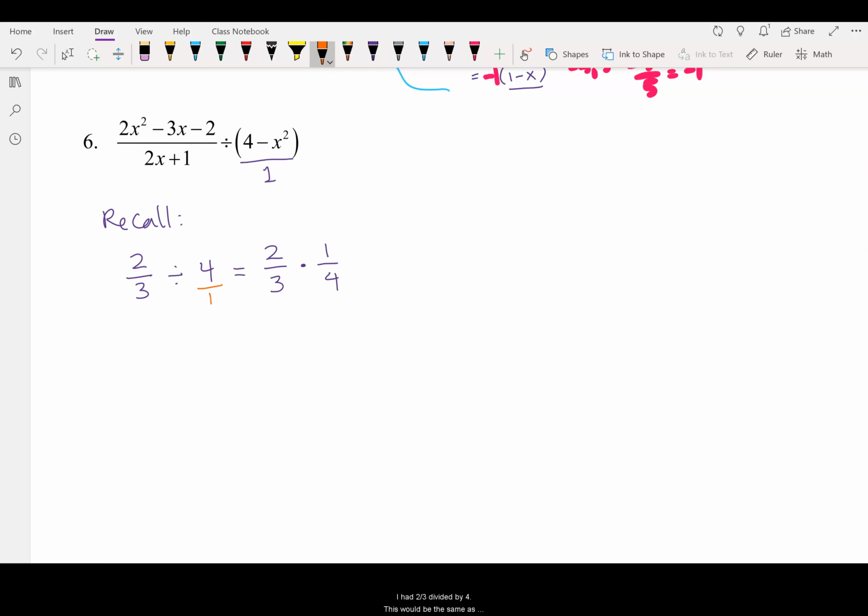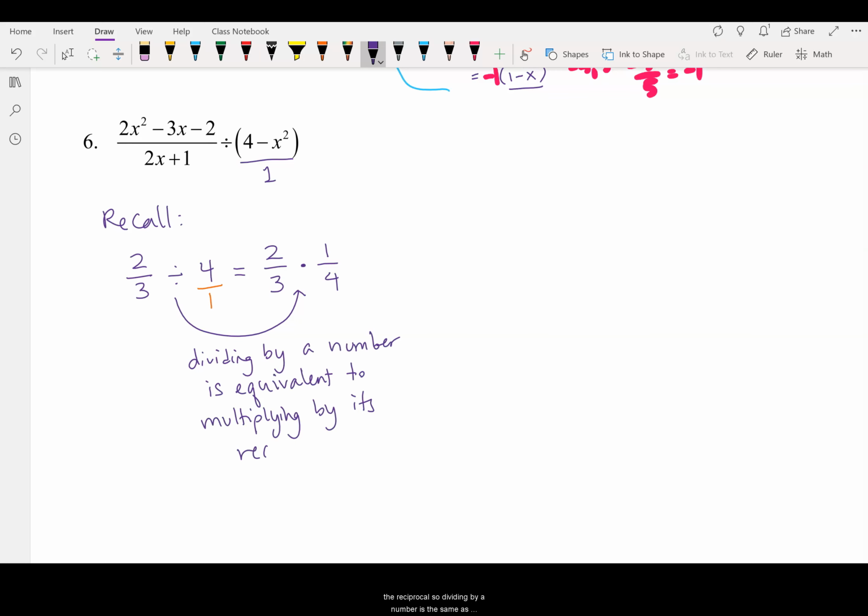So we are creating a fraction with the 4 over 1, and then changing the division to a multiplication of the reciprocal. So dividing by a number is the same as multiplying by its reciprocal.